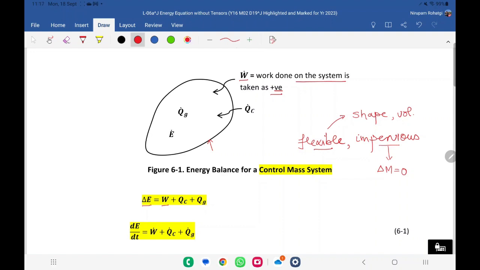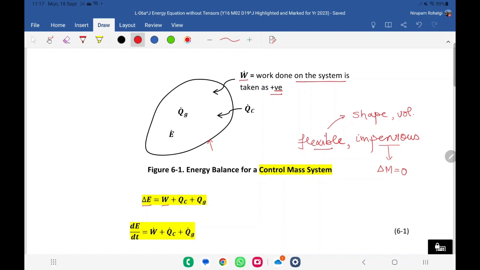There the objective is that we want to get work out of the system. We are talking about engines primarily, and that is why traditionally in thermodynamics we take work done by the system as positive. Here we take work done on the system as positive, the amount of energy going in.